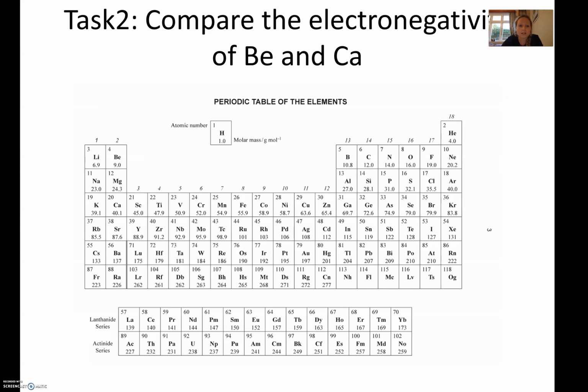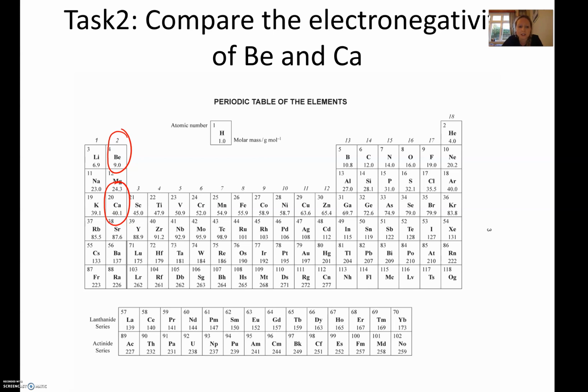Let's do another task. This time it's beryllium and calcium. Beryllium and calcium are both in group 2. Beryllium has 2 energy levels and calcium has 4 energy levels. Therefore, calcium's bonded electrons are going to be further from the nucleus. You'll notice I've changed the words valence electrons to bonded electrons because we're talking about electronegativity.